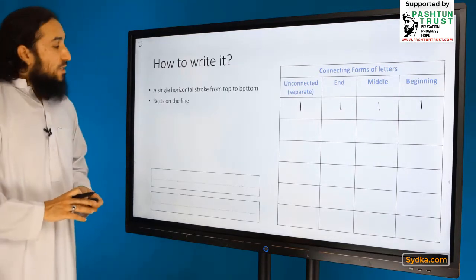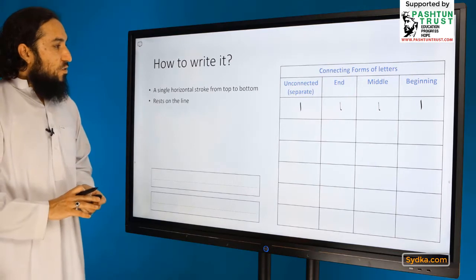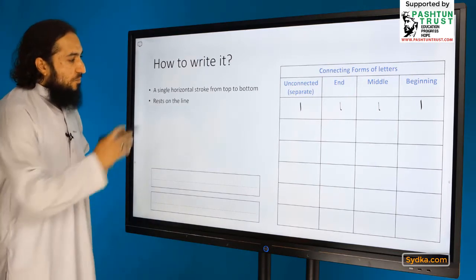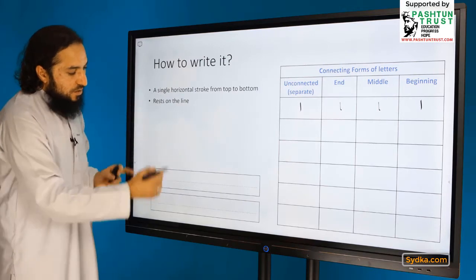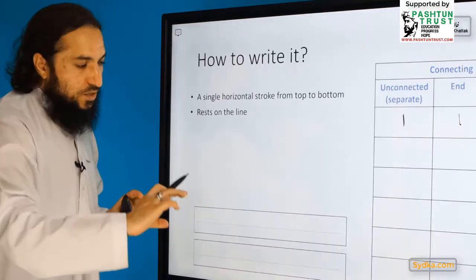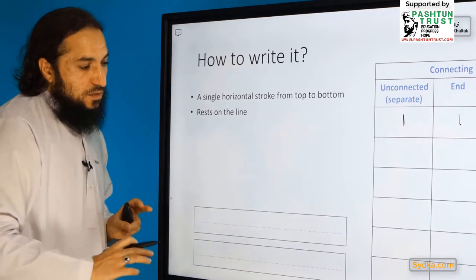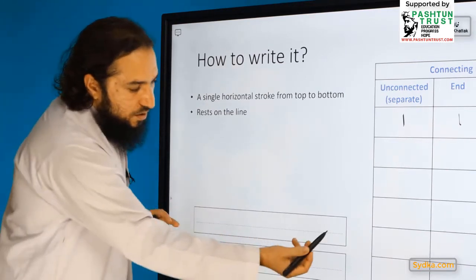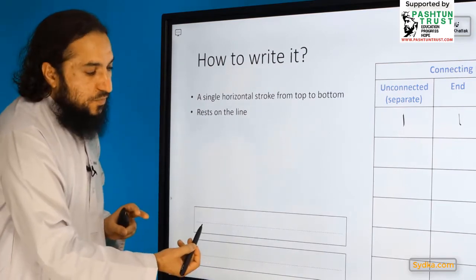How to write it? A single vertical stroke from top to bottom, and it rests on the line. Before drawing it, I will explain the lines. Whenever we write Arabic letters and words, they are actually written between two lines, but this is an imaginary line.